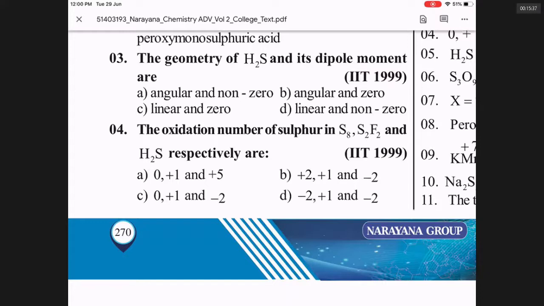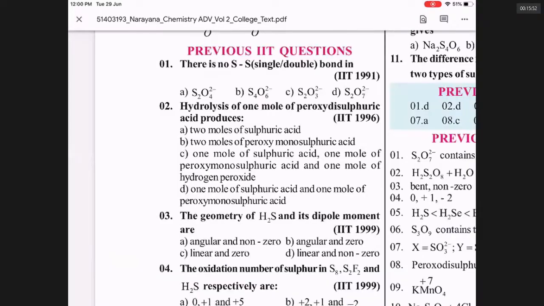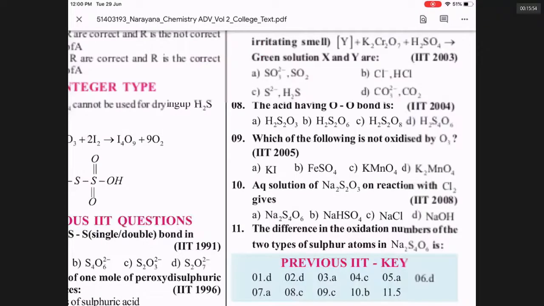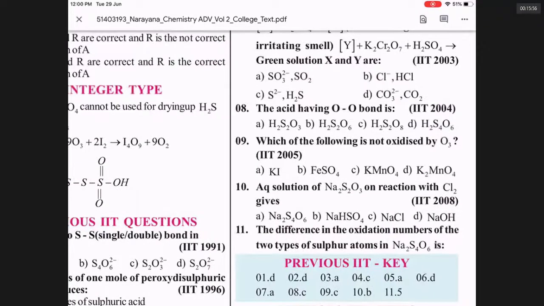In H2S, oxidation state of sulfur will be -2. So the answer is 0, +1 and -2. It means sulfur can show so many types of oxidation states. Try to answer all these 11 previous IIT questions. They are very simple.